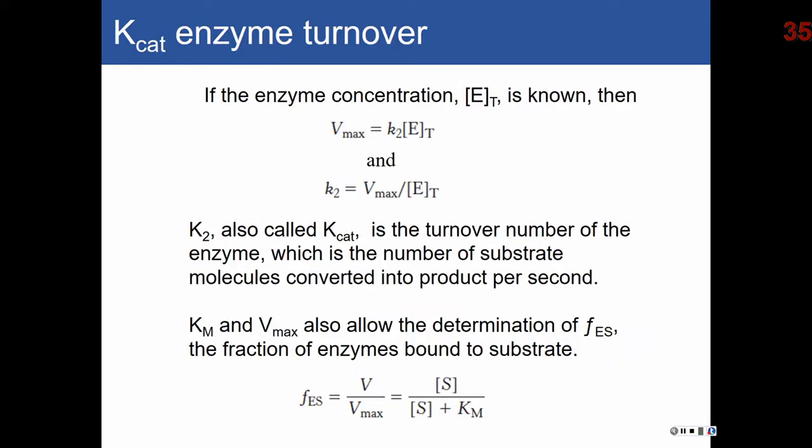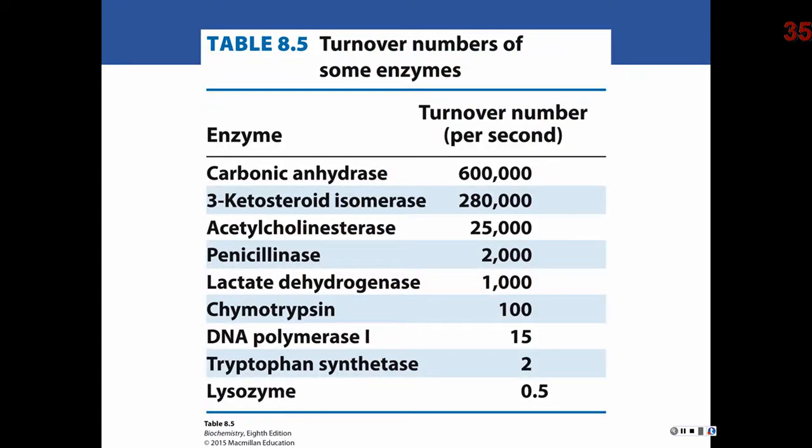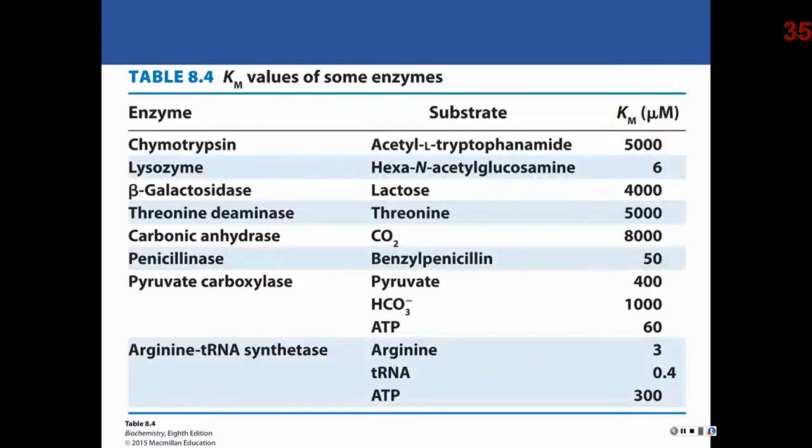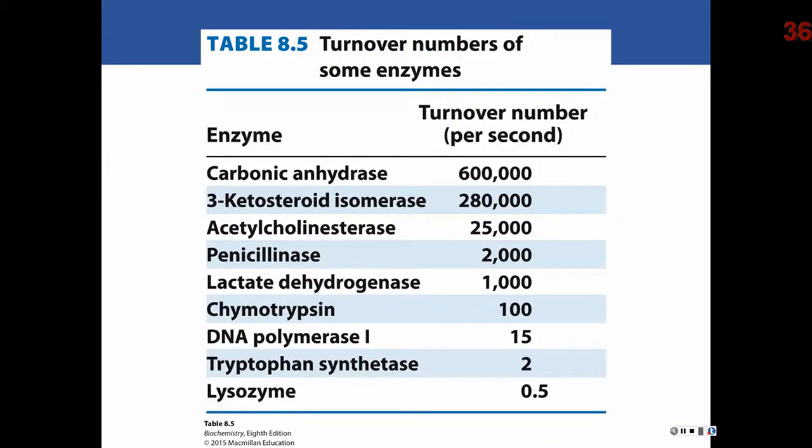So what does that tell you about the relationship between Kcat and Km? They're proportional. Are they directly proportional or inversely? Lysozyme is very small, and it has a very small turnover rate. Which means if your Km is small, your enzyme sticks around longer.